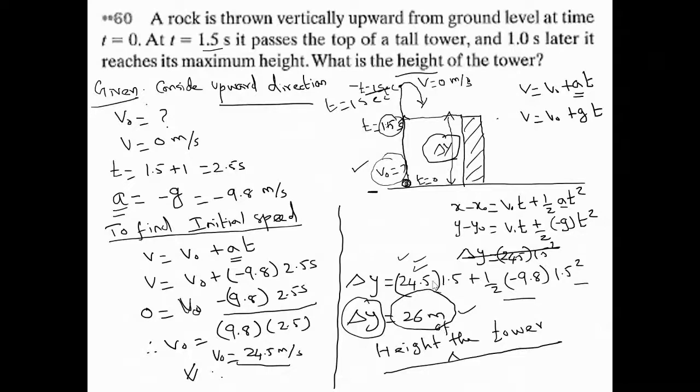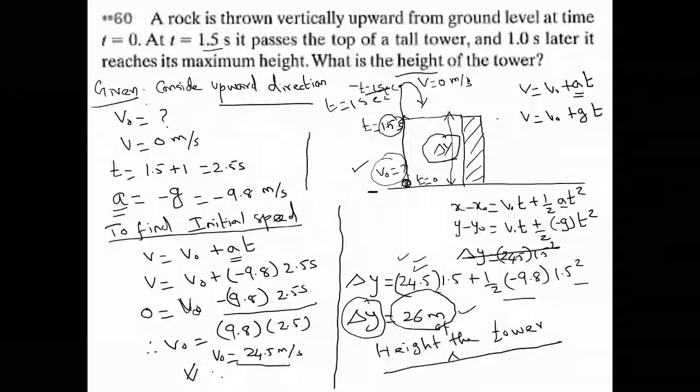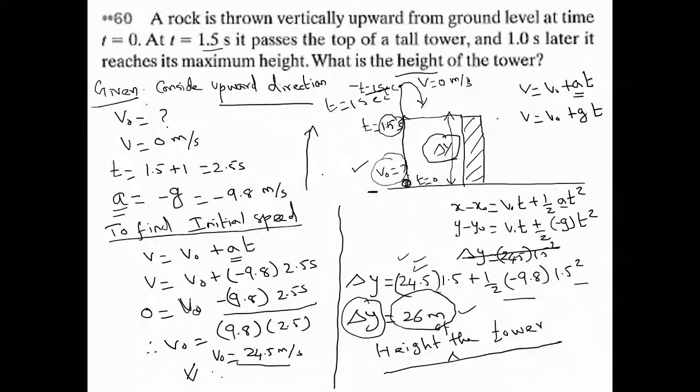Teacher, because of gravity, because of free fall, we took the minus g, right? Yes, brother. If the object is moving in the upward direction, your g value is negative. When the object is coming in the downward direction, it is positive. What did we write in the question?